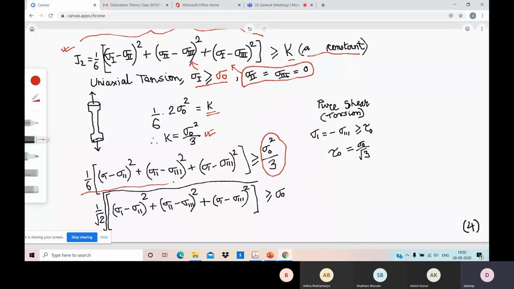A very interesting and important expression that you will get is this: 1 by root 2, under root, (sigma 1 minus sigma 2) square plus (sigma 2 minus sigma 3) square plus (sigma 1 minus sigma 3) square. This has to exceed sigma naught. And what is sigma naught?